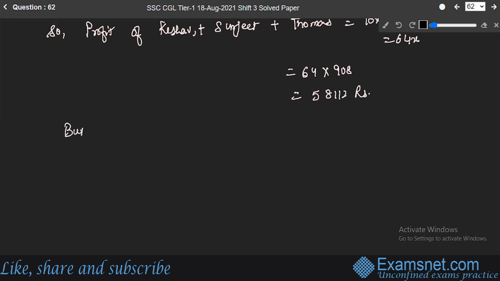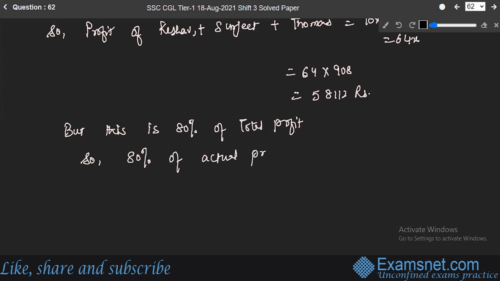But this is 80% of the total actual profit, right? So 80% of actual profit is 58112.